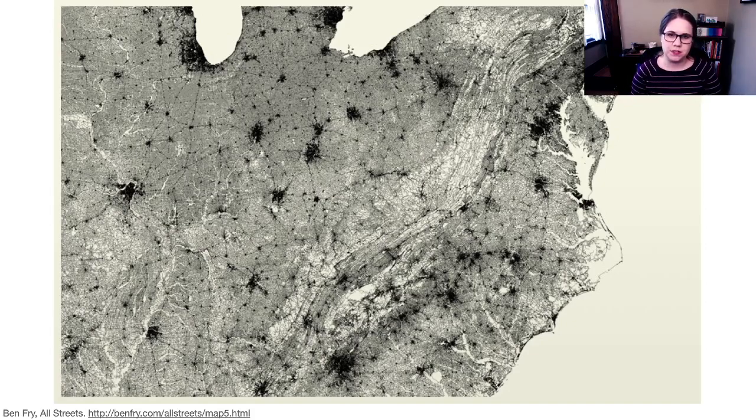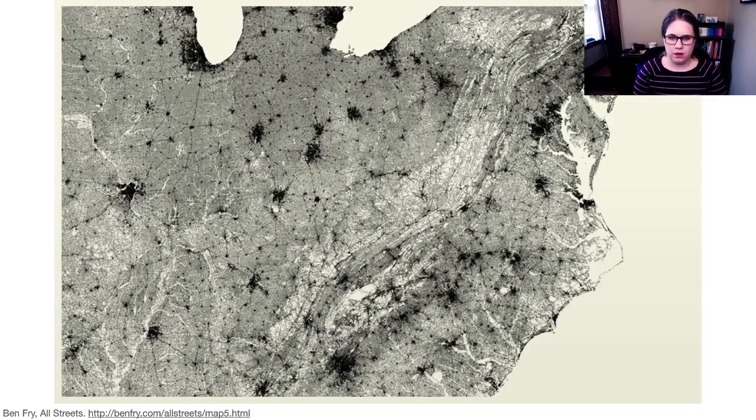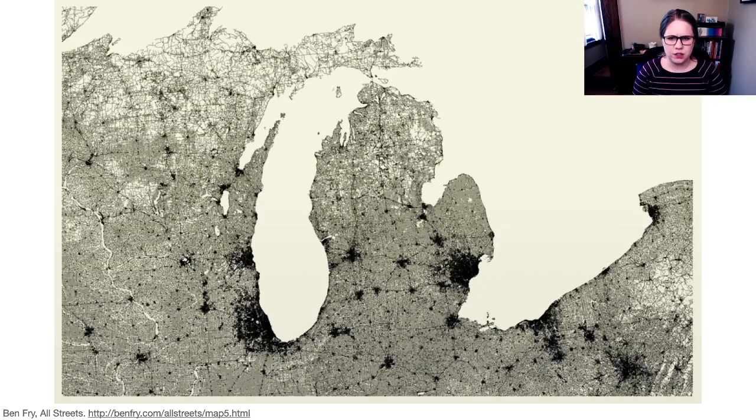So there's fewer streets because of the elevation changes. So you can really see something about the land just based on those streets. And I think I have another shot from this. Here we are looking up at the border with Canada.